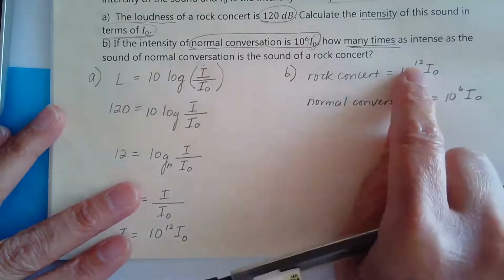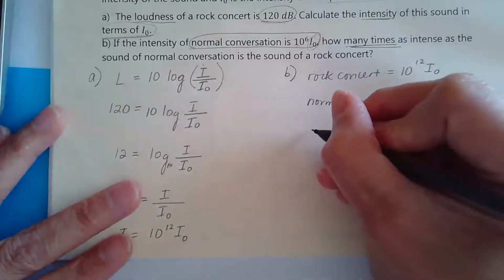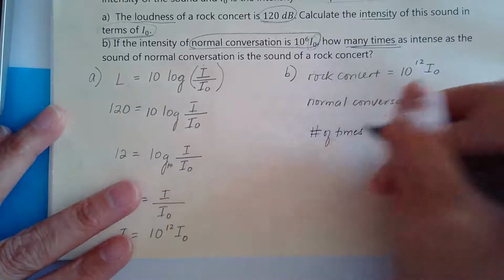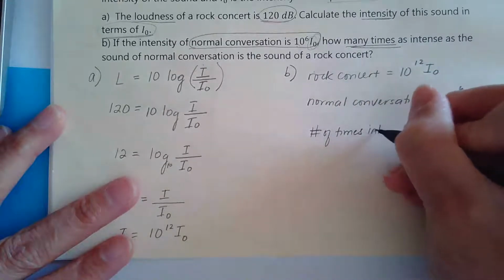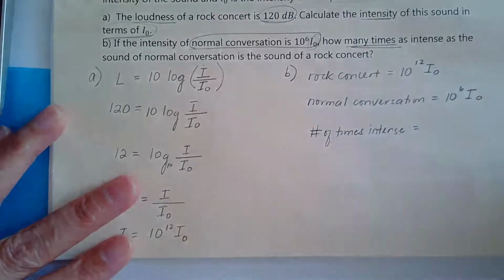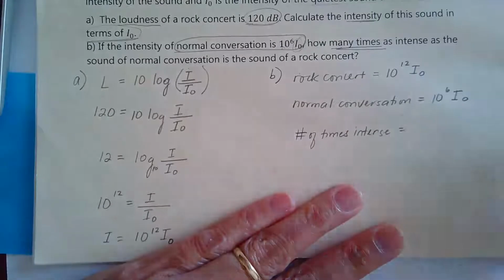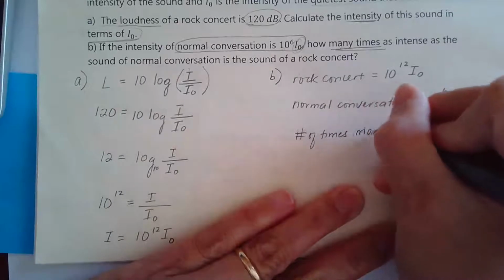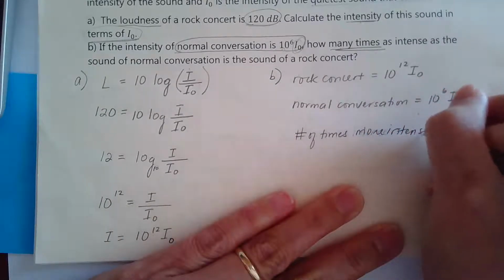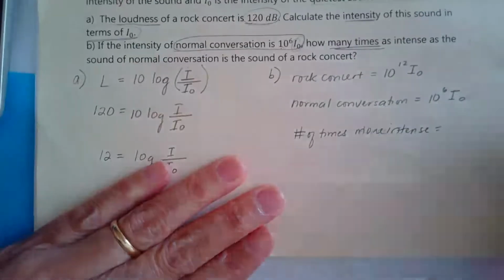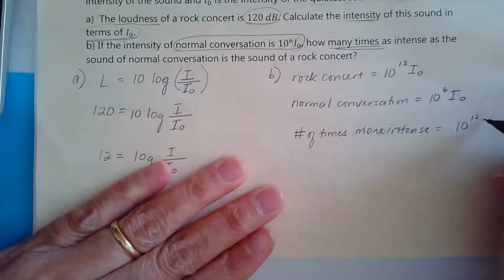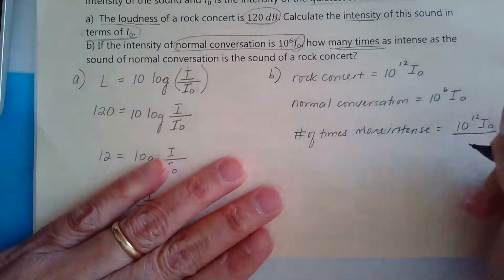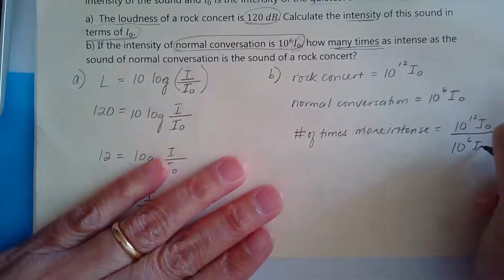How many times greater? That's going to be 10 to the 12 times I naught divided by 10 to the 6 times I naught.